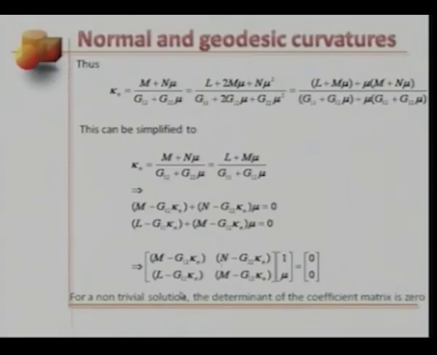If you want to have a non-trivial solution to these two equations, this matrix has to be singular. In other words, the determinant of this matrix has to be 0.